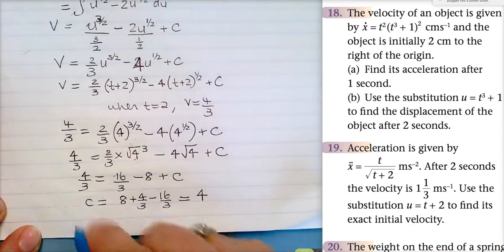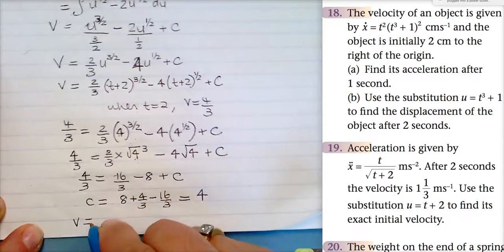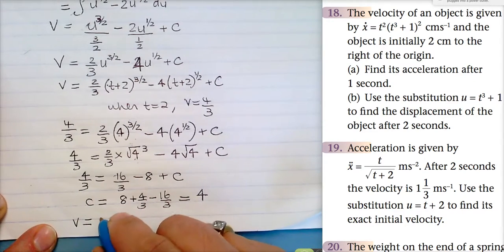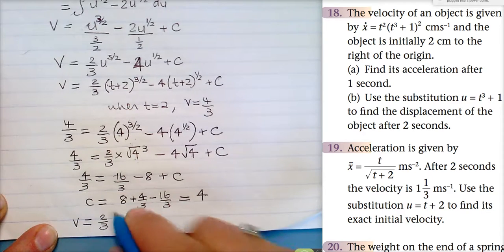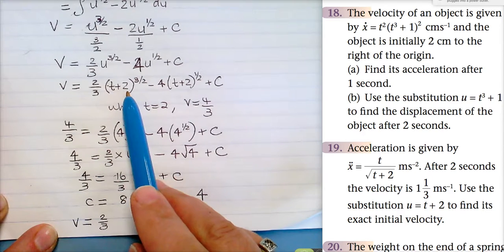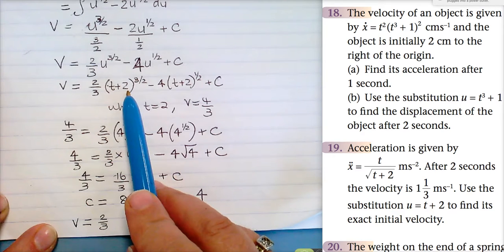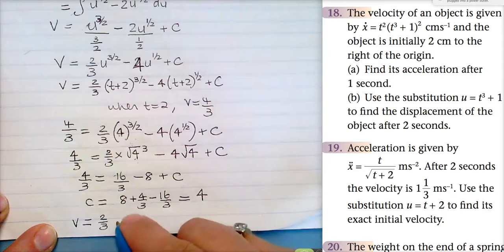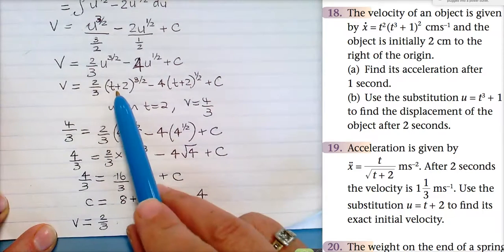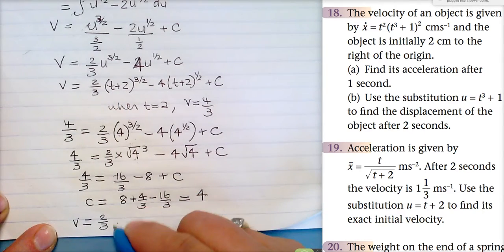So therefore, v equals 2 over 3. I'd like to write this as the square root of t plus 2 cubed, can I? Yes.